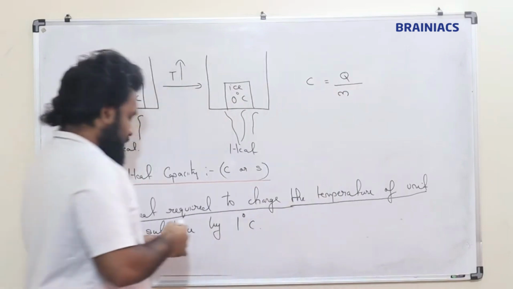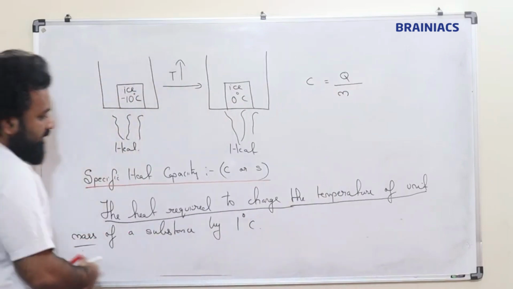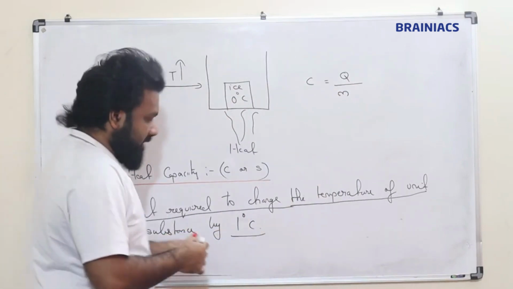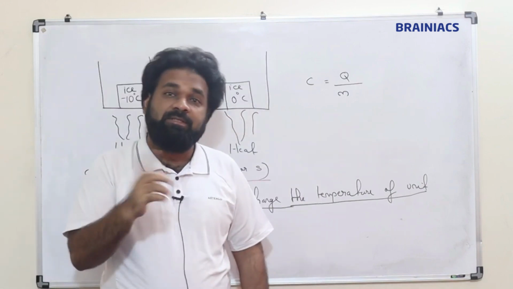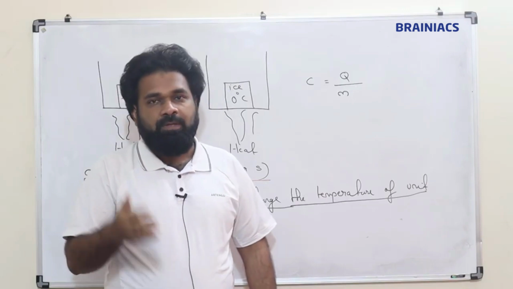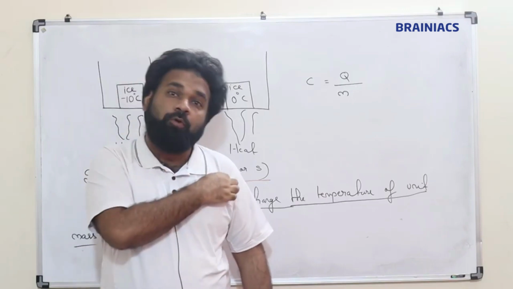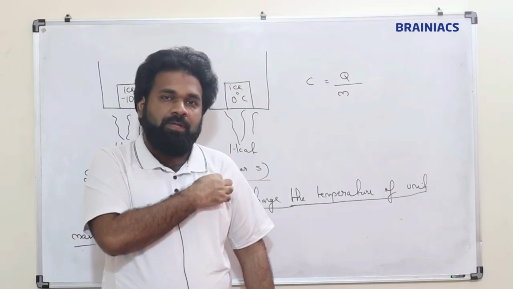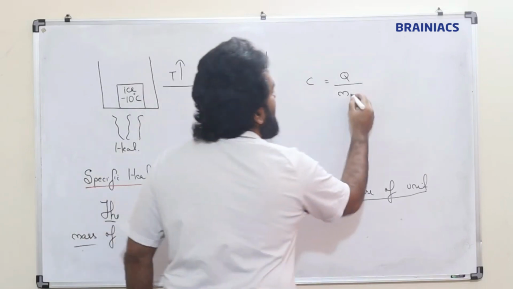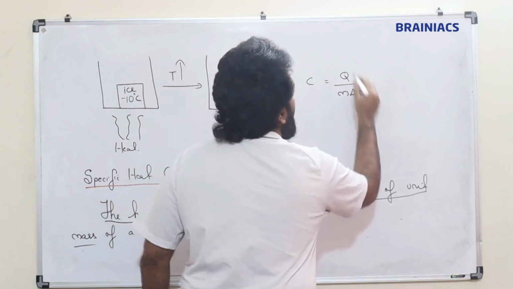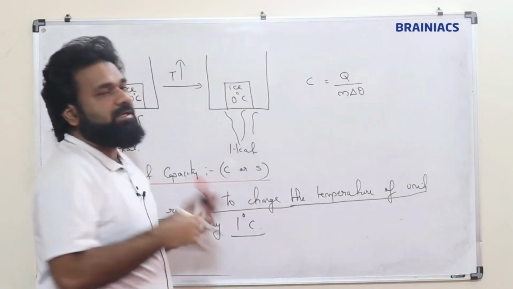The temperature changes by 1 degree Celsius, so if there is a change in temperature from 5 to 10, or 0 to 10, or 0 to 30, then for 1 degree we divide by the change in temperature.